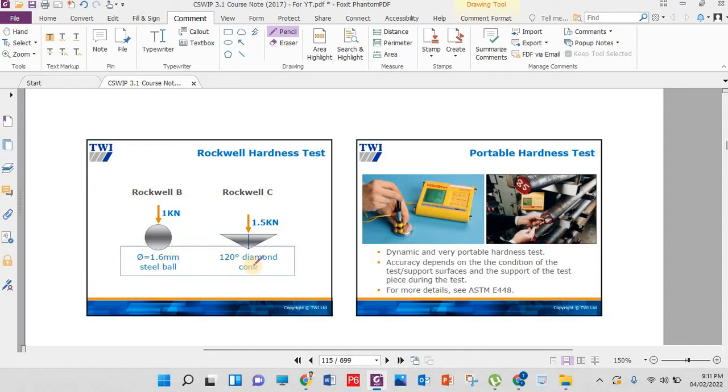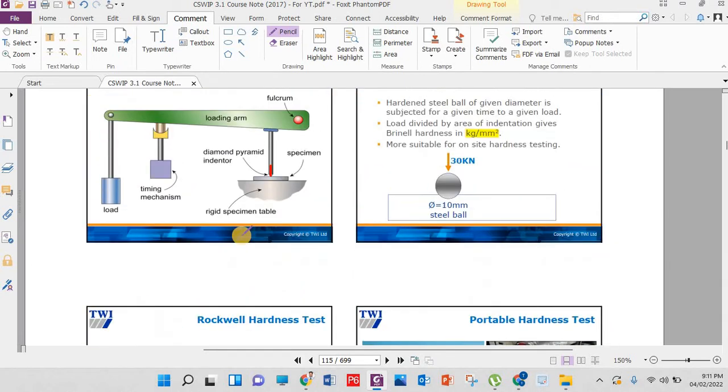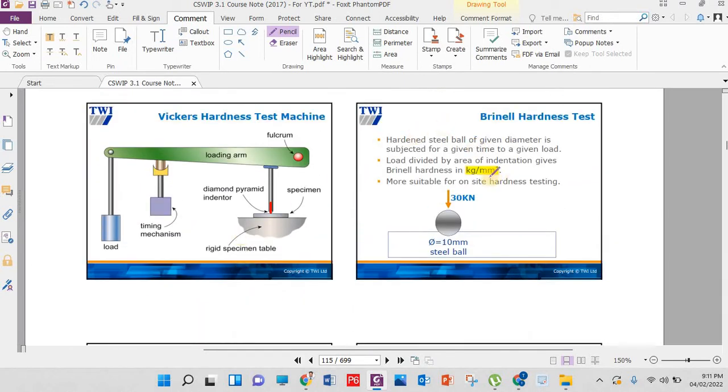Then we will see, okay, this is the hardness of that material. The unit of hardness is kilogram per square millimeter. Brinell hardness unit means how much kilogram force over how much square millimeter area.